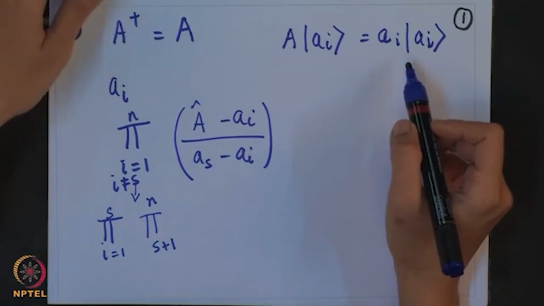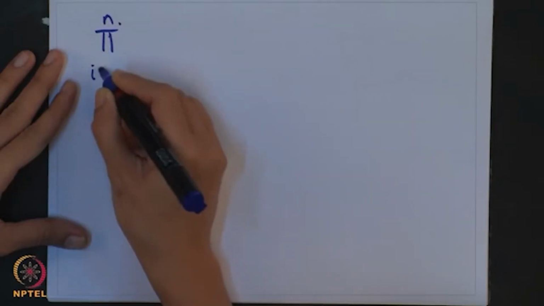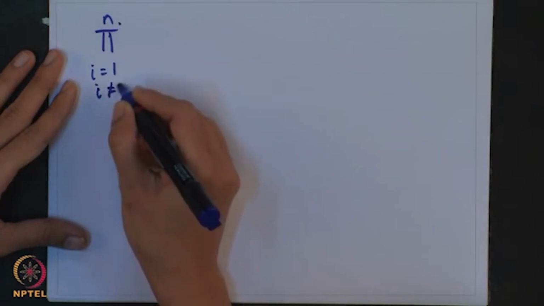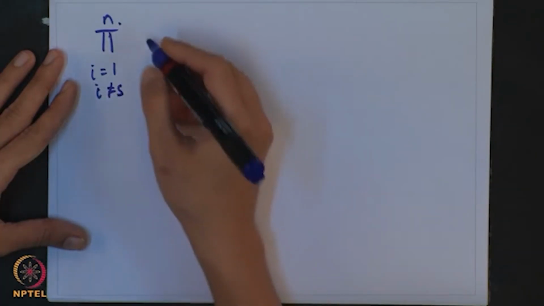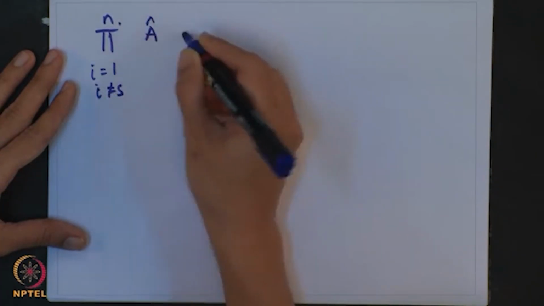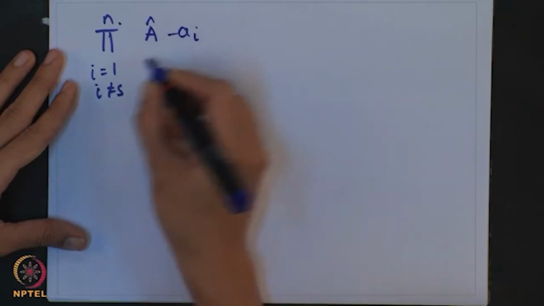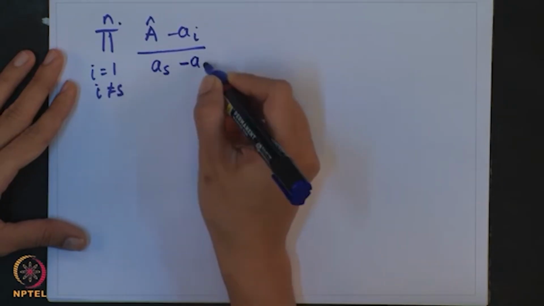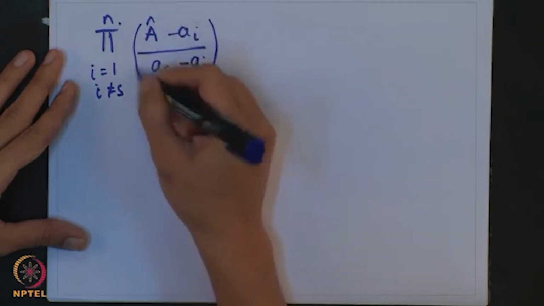So, now when you operate this, i equals 1 to n and i is not equal to s. Okay. So, (A minus a_i) upon (a_s minus a_i), this is the operator.